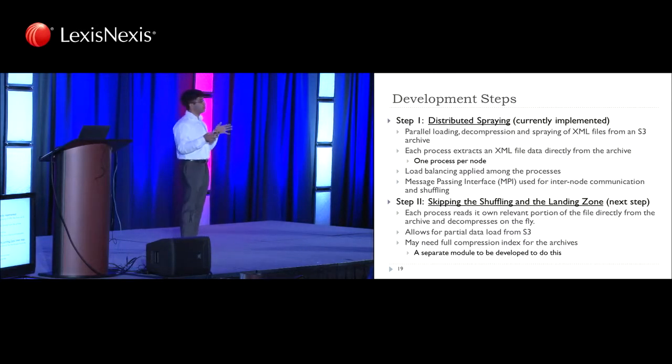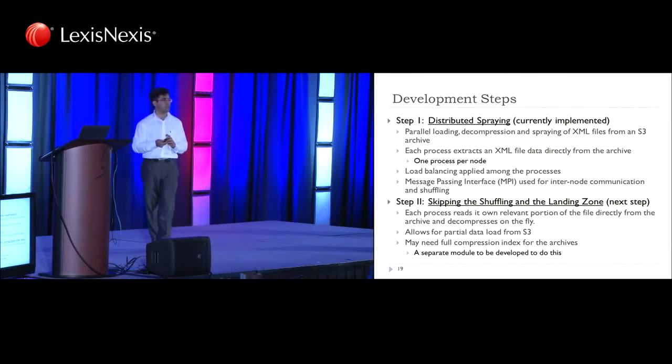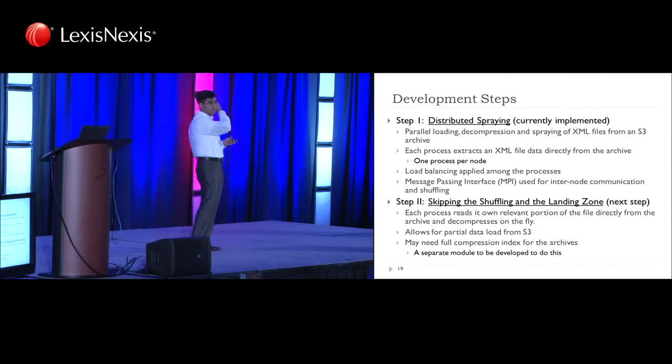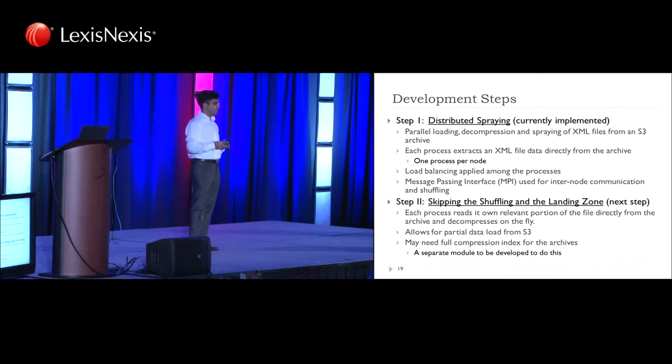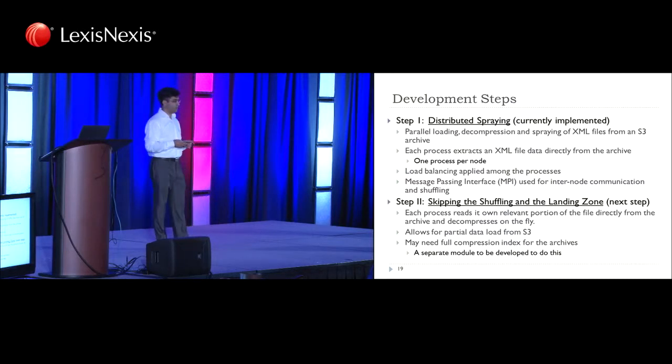Instead of having one node doing that, you have multiple nodes on the Thor that directly connect to S3, read your XML records and files from that archive, decompress them, and put them on their own node. And then, because those files need to be distributed, we have a distributed spraying happening at the end. We are load balancing those operations to make sure that everything is happening in the most optimized way.